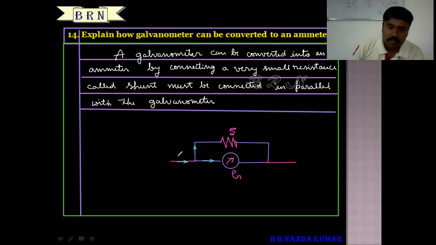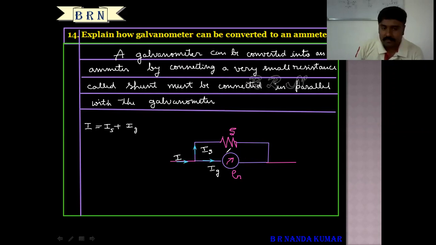So I is the main current that is split into two parts. This is a current divider circuit. So here the main current I is exactly equal to IS plus IG.